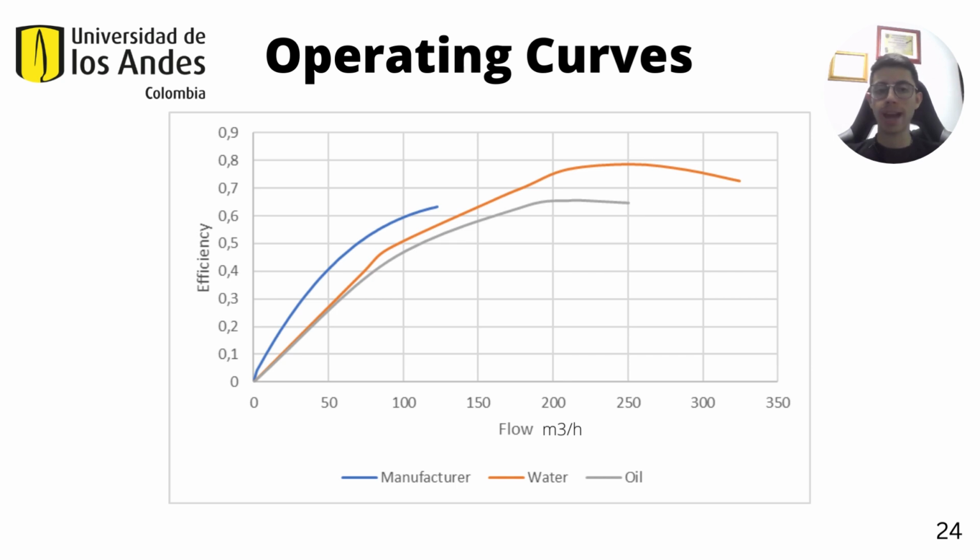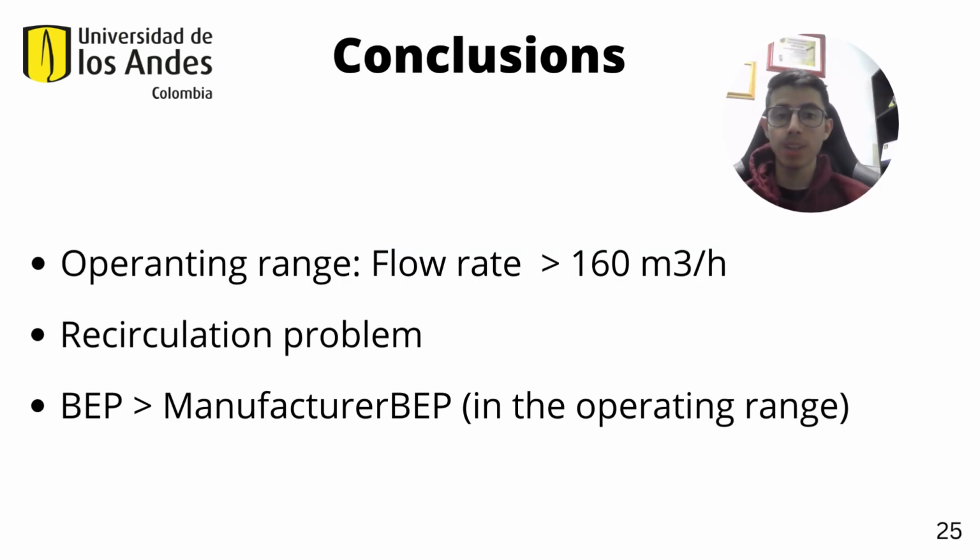The figure shows that the manufacturer's BEP was found at a shorter flow in contrast with the BEP of water and oil. In conclusion, if we want to use the pump that we designed with fluids like mineral oil or water, we have to operate the pump in flows greater than 162 cubic meters per hour.